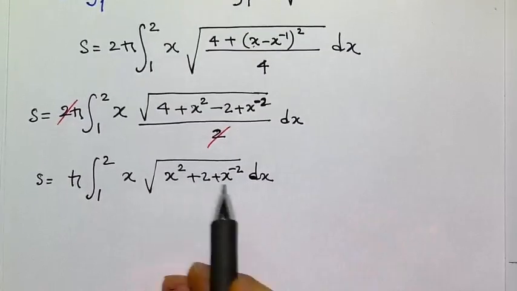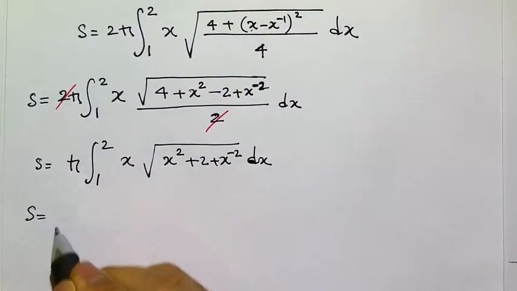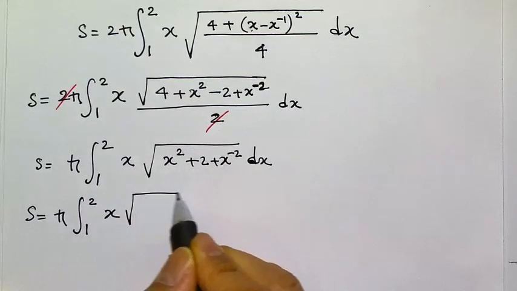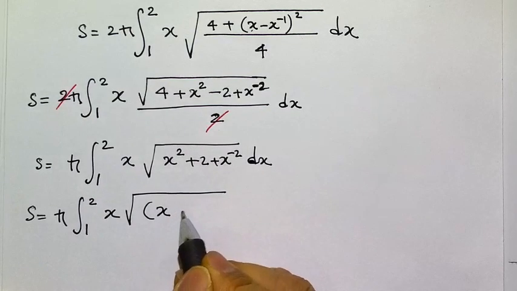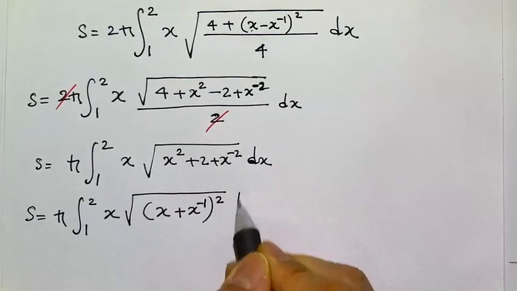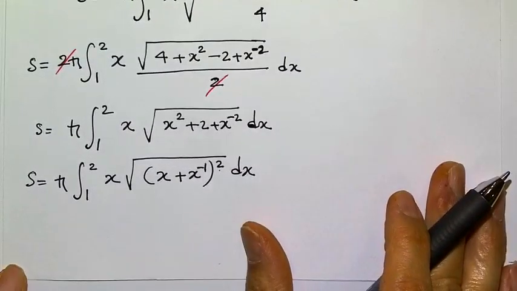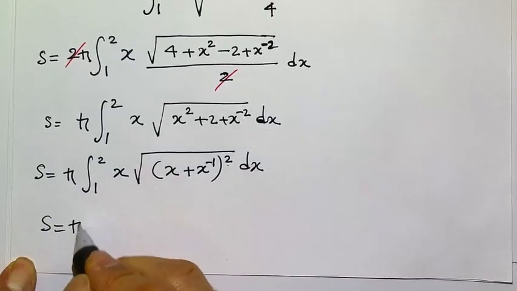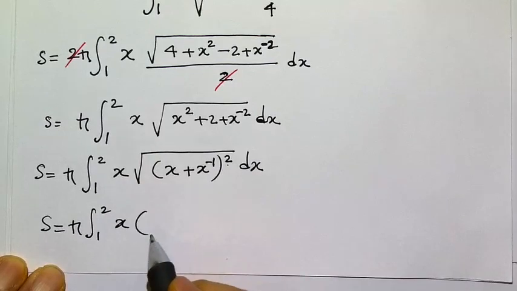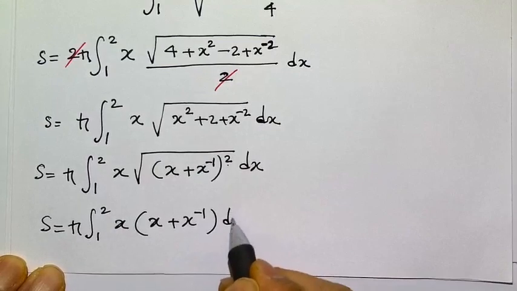Okay. Once again, this inside can be written in terms of a perfect square. So we have (x plus x to the minus 1 power) squared dx. And of course, the square root and this power cancel each other out. So we have S equals pi times the integral from 1 to 2 of x times (x plus x to the minus 1 power) dx.